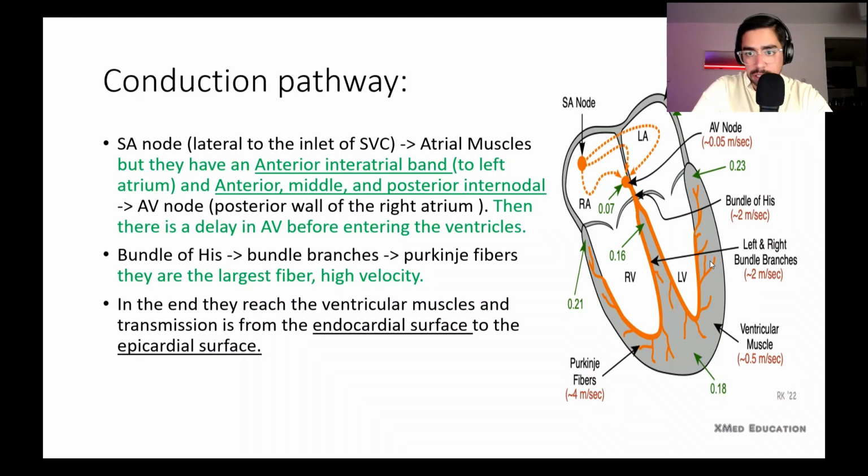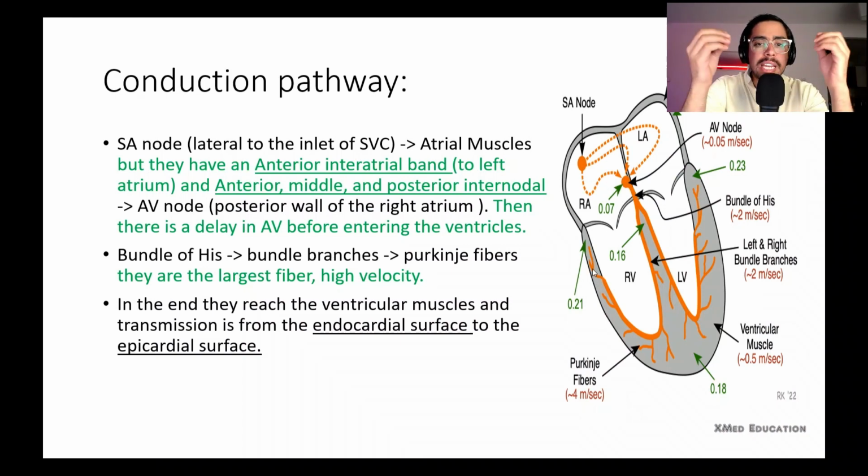And in the end, there is something that's really important to know. When the contraction arrives at the muscle of the ventricles, it goes from the endocardial surface to the epicardial surface. The endocardial surface is here. So first the pulses go here, then they go to the outside of the cell. So it's like they go this way. And why is it important?